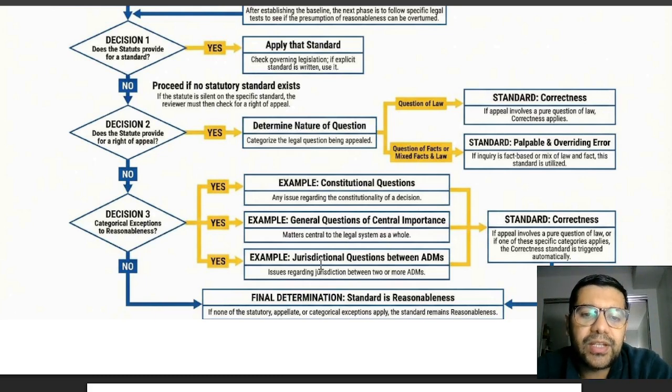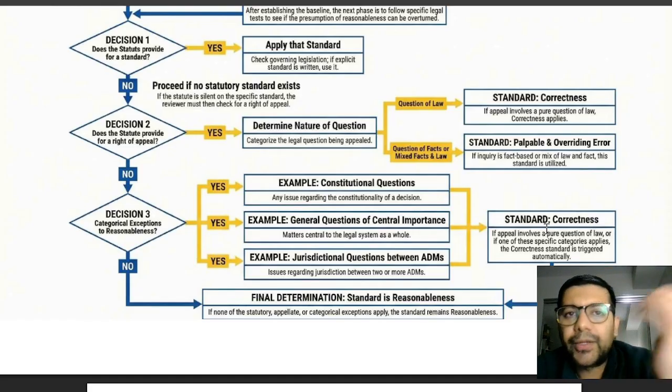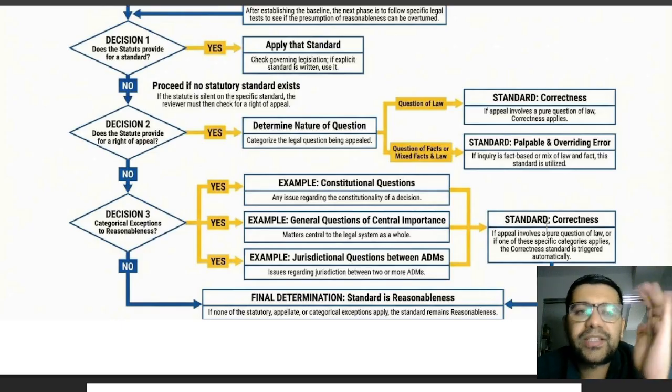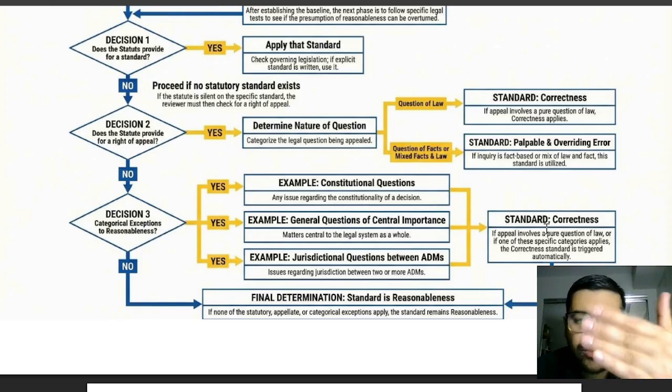And the third exception is the jurisdictional question, like which jurisdiction applies. Is it the federal, is it the provincial, where exactly? So it's regarding the jurisdiction between two or more administrative decision makers, where the decision should go. And then the standard is correctness. Obviously, you do not want to have a constitutional question on the basis of reasonableness, and so forth.